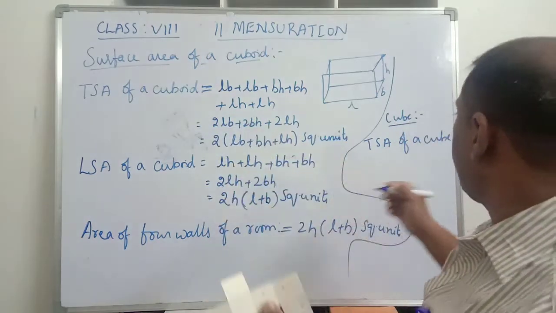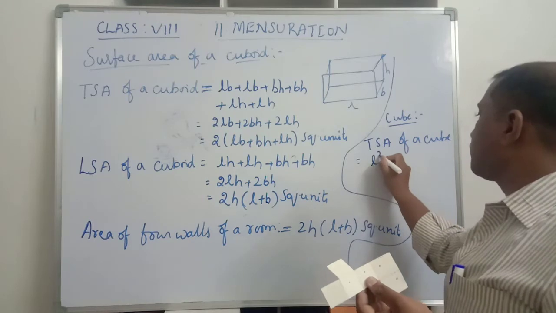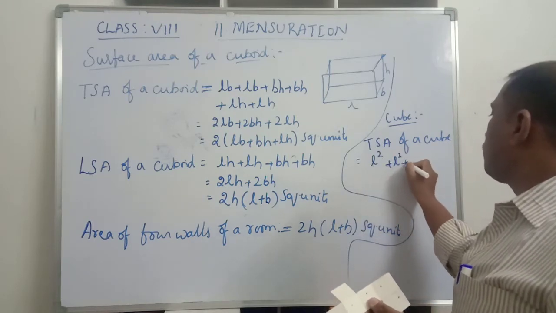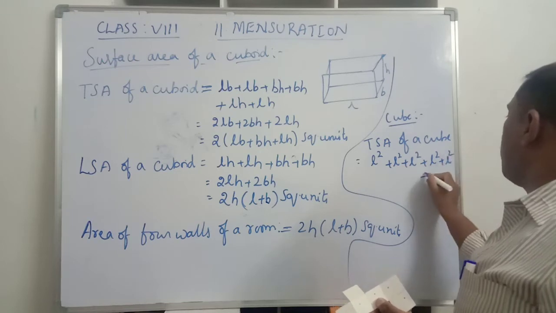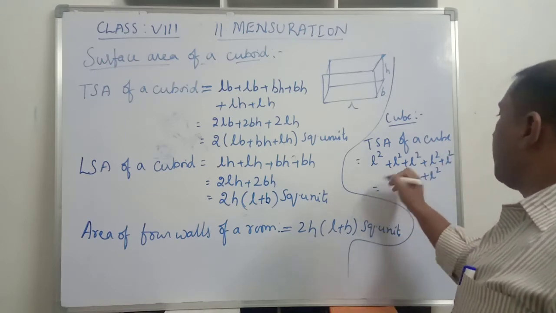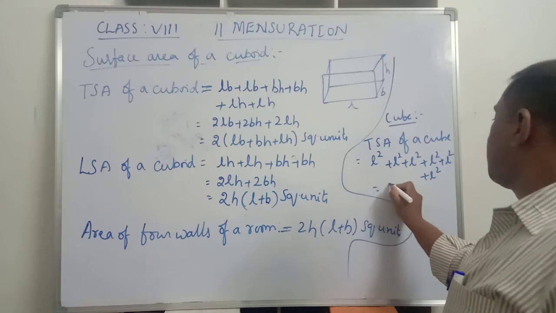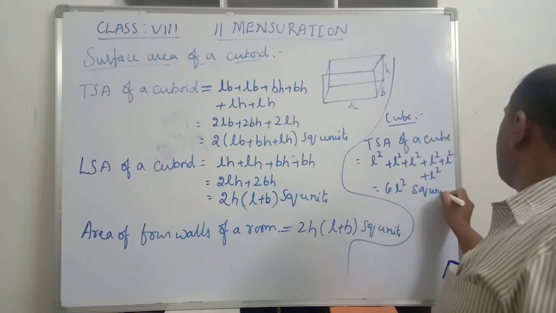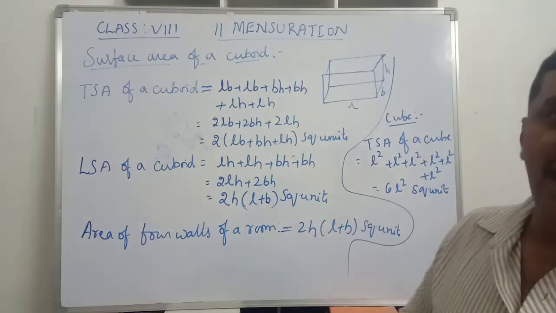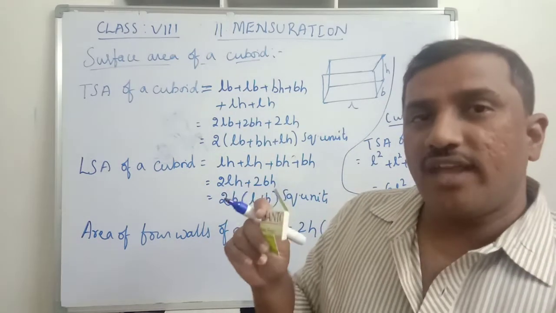We have 6 faces, so L square plus L square plus L square plus L square plus L square plus L square, that is 6 L square units, where L is the length of each side of the face.